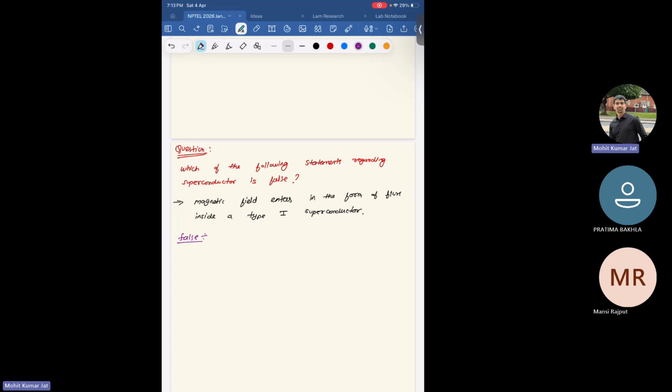This is false, and the reason is, as you said, that in a type 1 superconductor, complete Meissner effect is there.